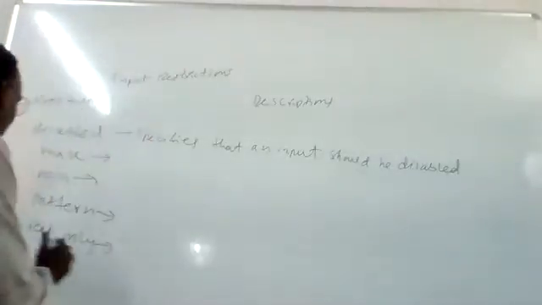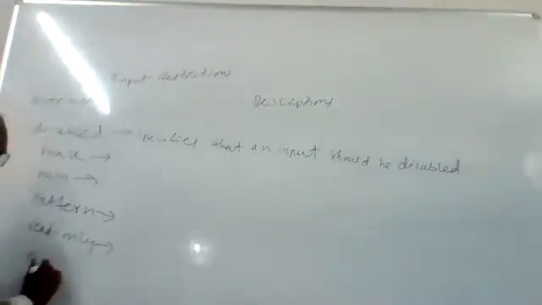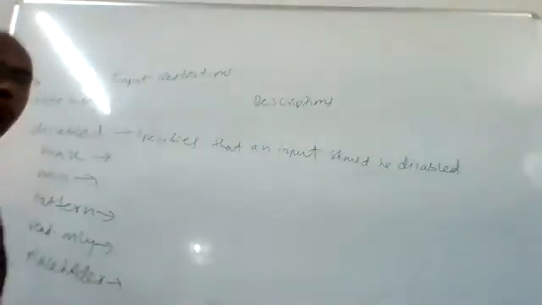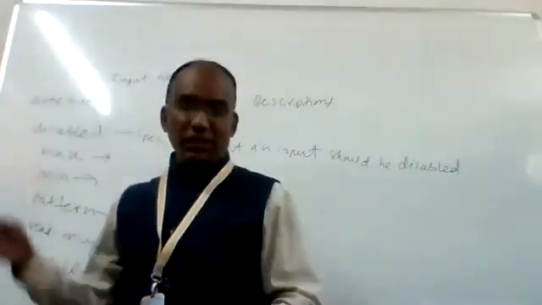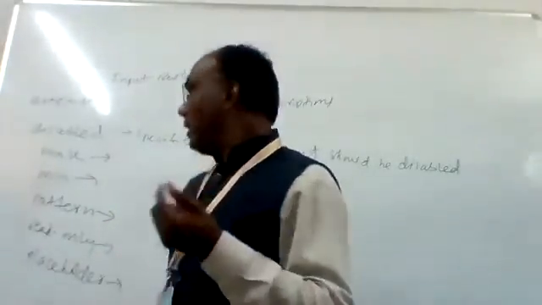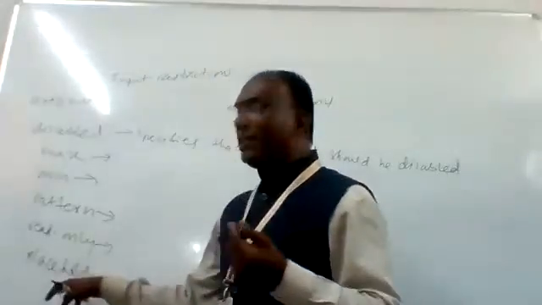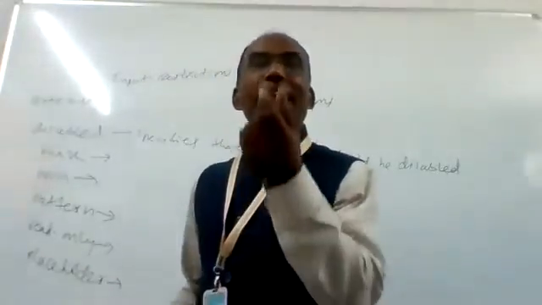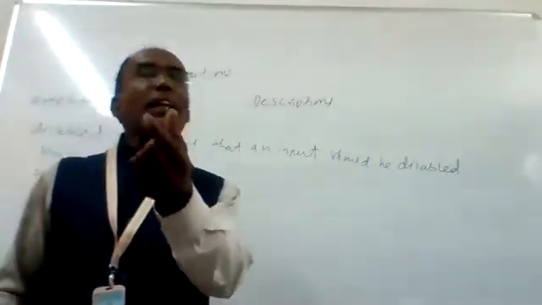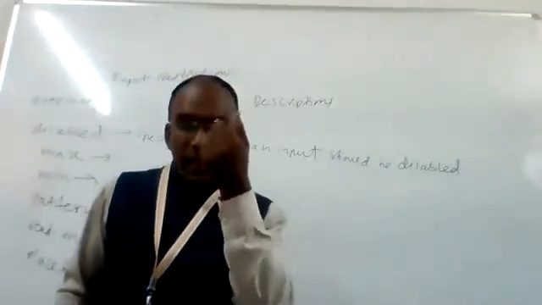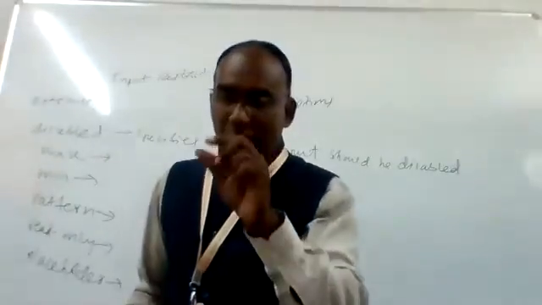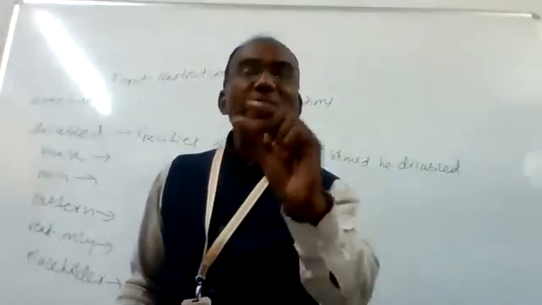That is placeholder. The next attribute is placeholder. The description of this placeholder is that it acts as a temporary label showing the purpose of a text field.